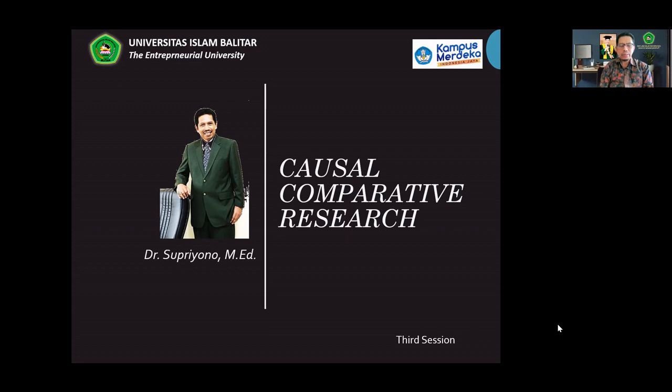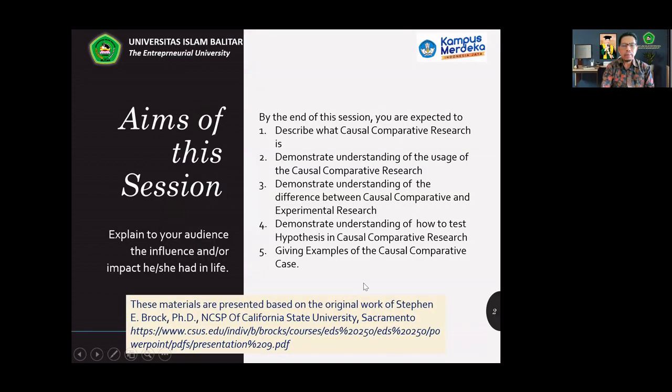Okay, let's start. Now, we are discussing causal comparative research. The aims of the session are that by the end of the session, you should be able to describe what causal comparative research is. Secondly, demonstrate understanding of the usage of causal comparative research.